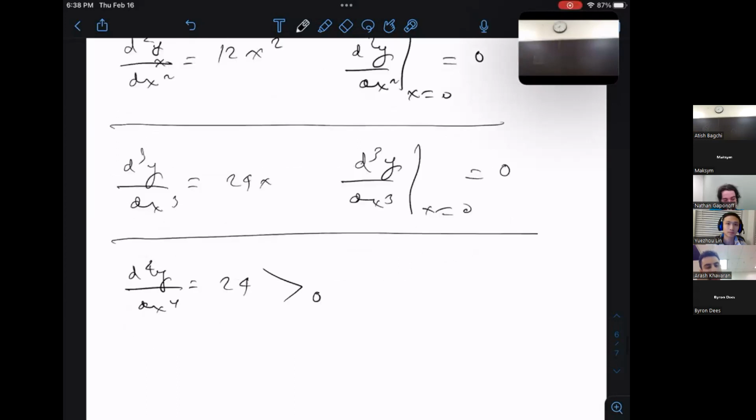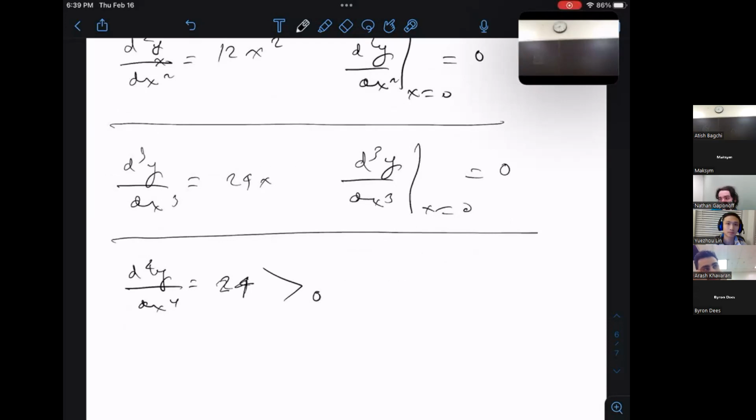And so what you need to say is that if the first derivative at that point which is non-zero has an even order, and if the value is bigger than 0, then that is a minimum.